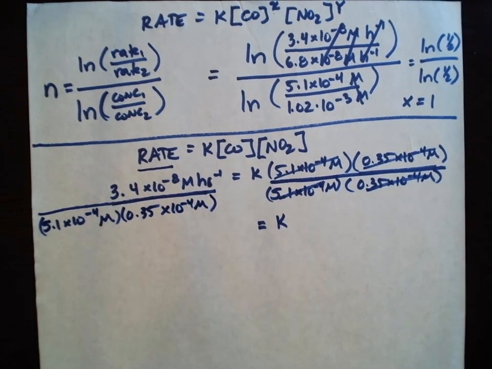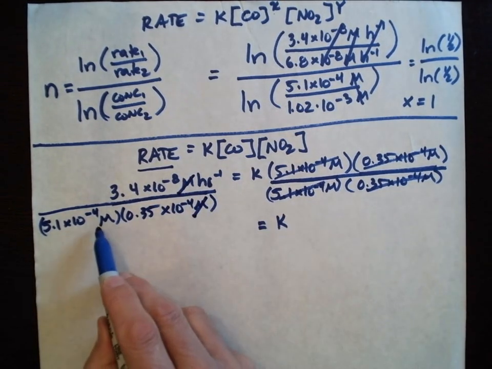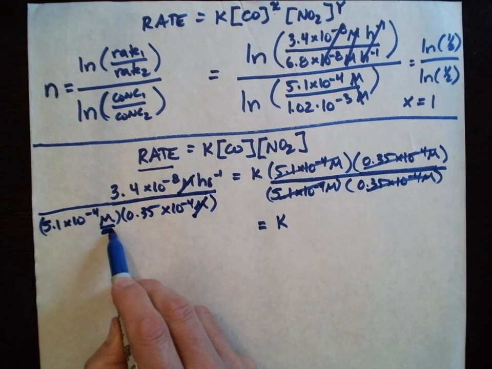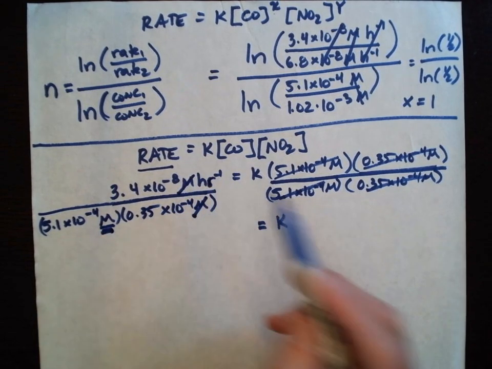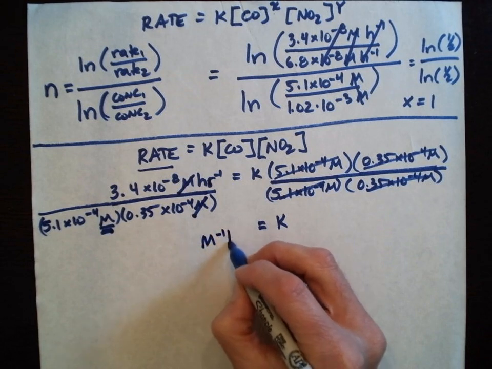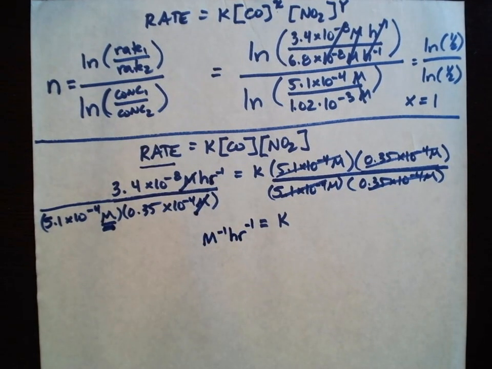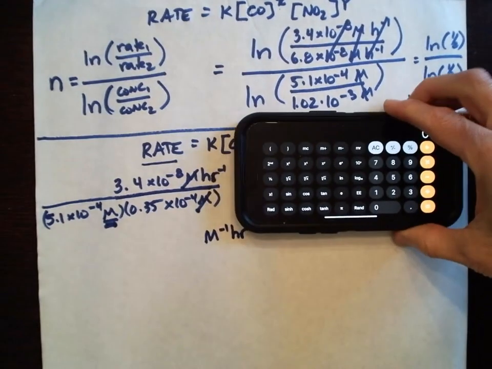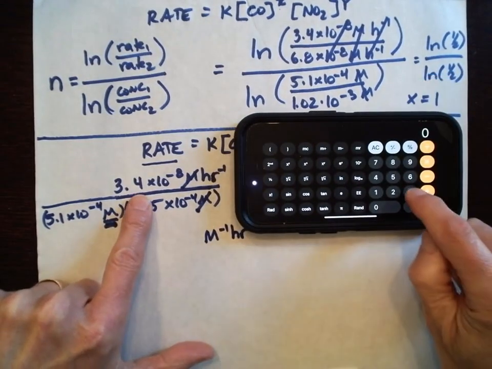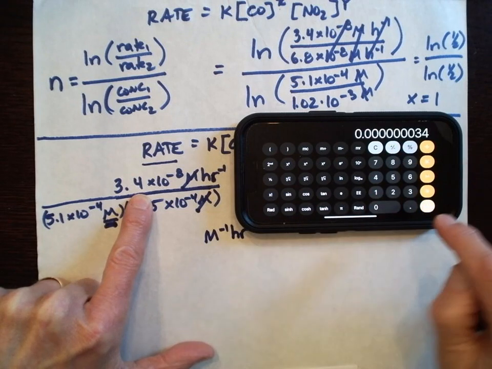I'm going to check my units. This molar cancels this molar. I have a molar that survives on the denominator and an inverse hour that survives. So the units are going to be per molar per hour. And now all that's left to do is the math. So on the numerator, I take 3.4 times 10 to the negative 8.